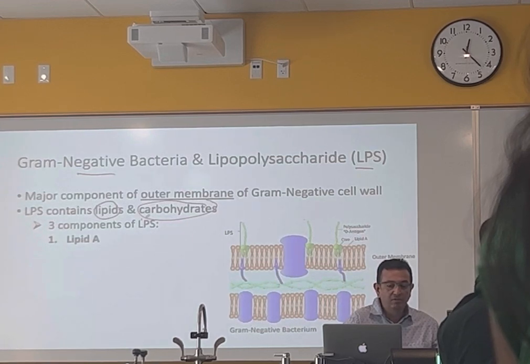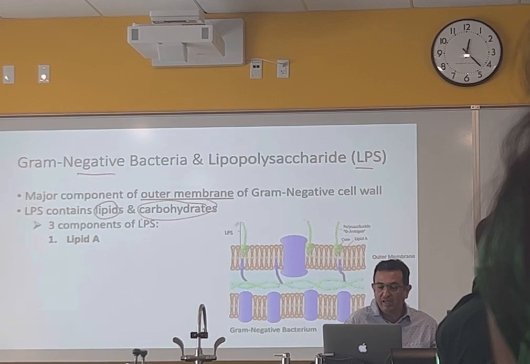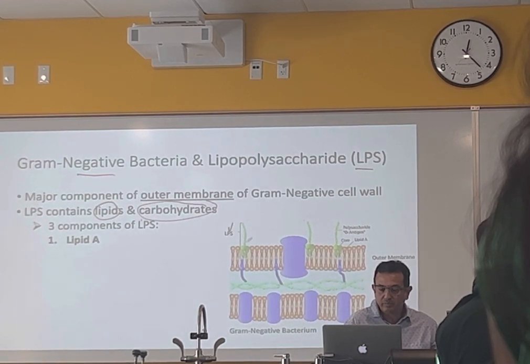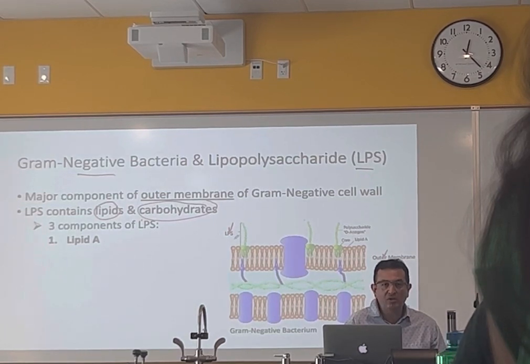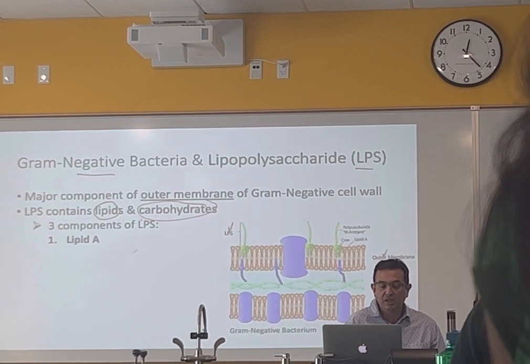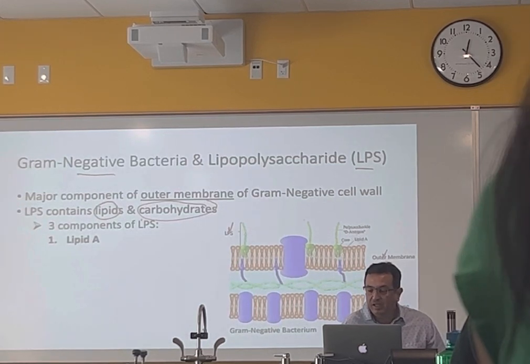L for lipid, and it's called the lipid A component. So this whole giant green thing is supposed to represent the LPS structure for gram-negative, because again, we're talking about a gram-negative cell. So again, you can tell because it has an outer membrane and an LPS, so you know this is gram-negative, not gram-positive, right?